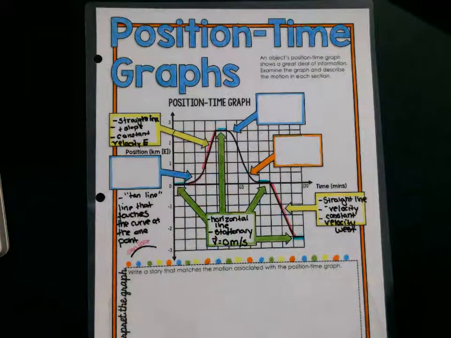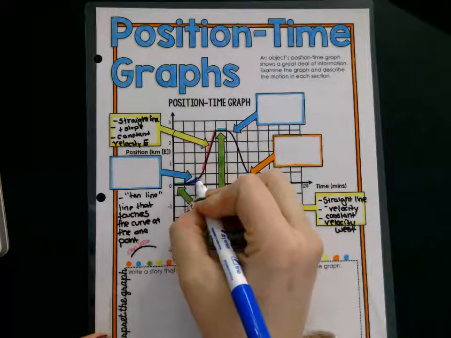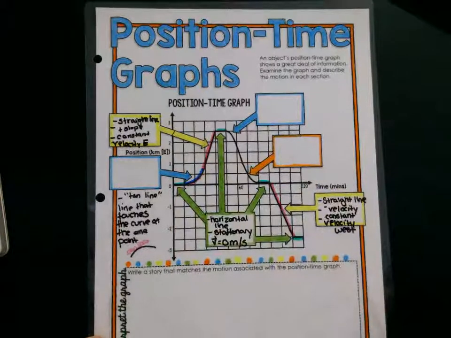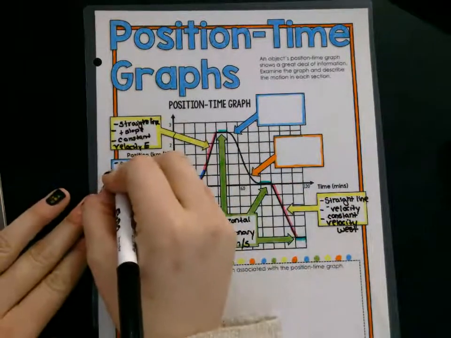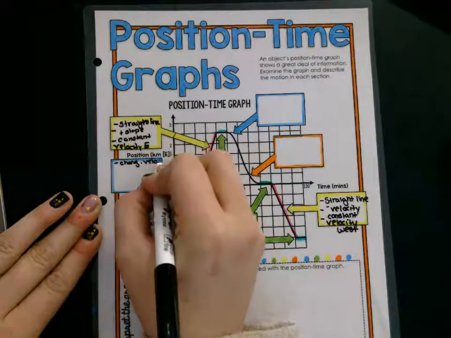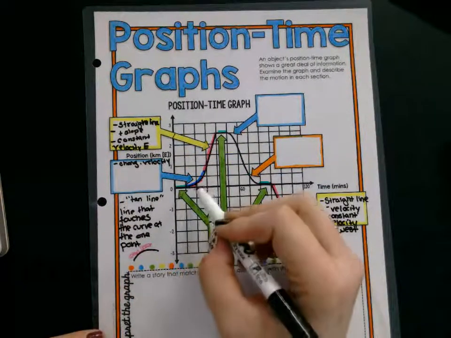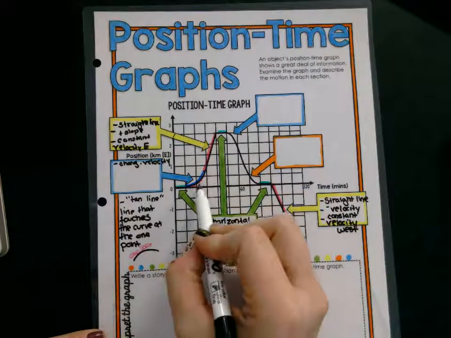We already said that when we see this curve, we know that the velocity is changing. So we've got a changing velocity. Sorry, it doesn't fit in the box. And the slope of that tangent line is getting bigger and bigger and bigger.